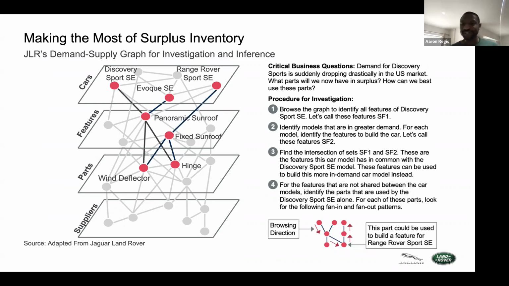Now you could use the graph to effectively start at, let's say, Discovery Sport, go down the chain to look at the parts that it has in common with another model, right? And so you can see that you can make better use of inventory when you know how connected these models are in terms of the common parts that they have.